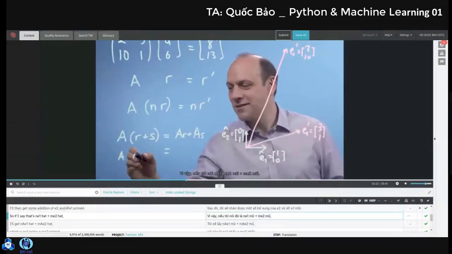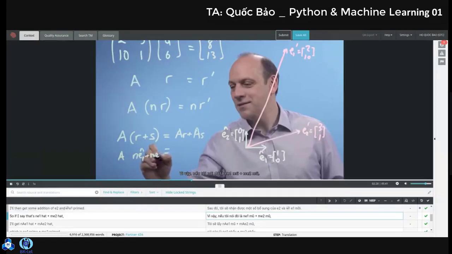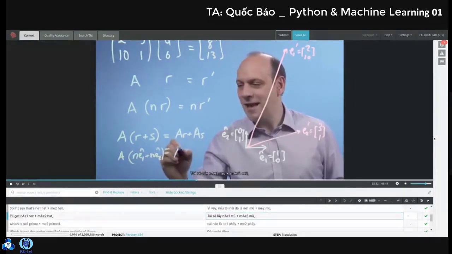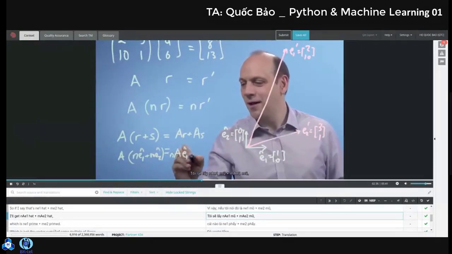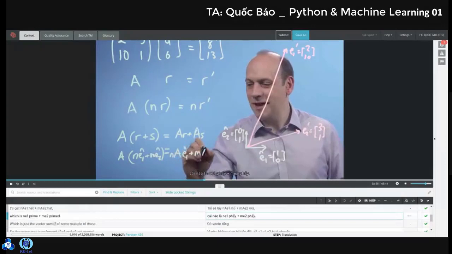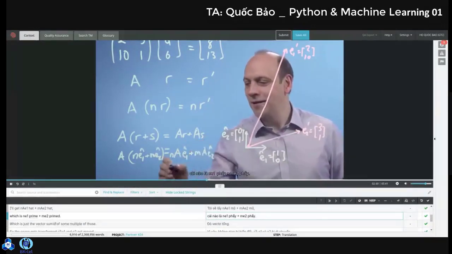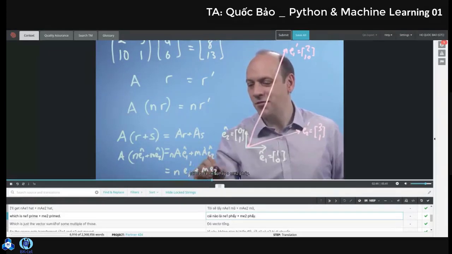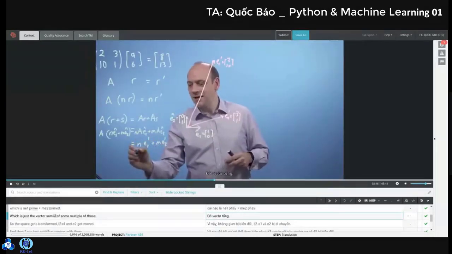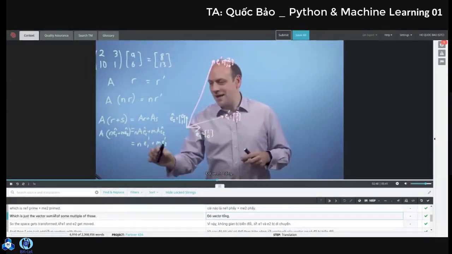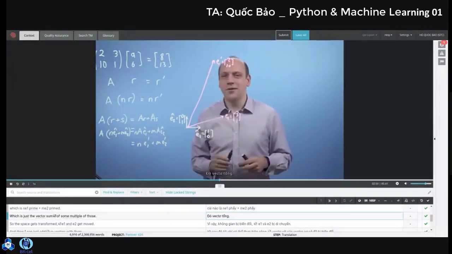So if I say that's n E1 hat plus m E2 hat, I'll get n times A E1 hat plus m times A E2 hat, which is n E1 prime plus m E2 prime, which is just the vector sum of some multiple of those.